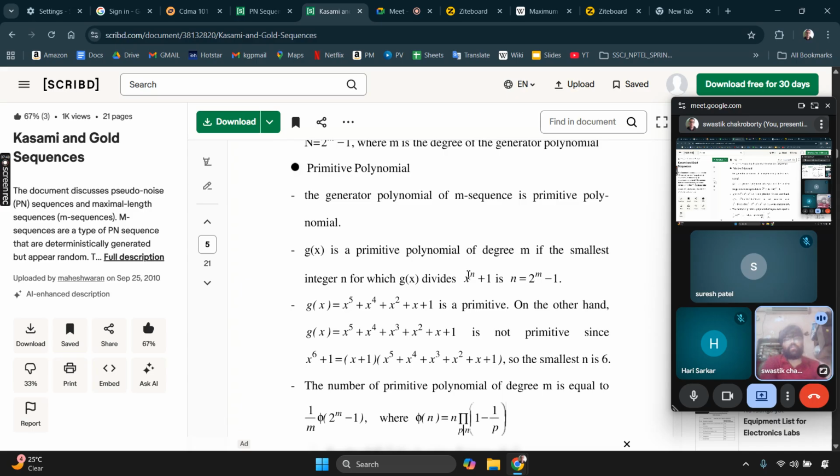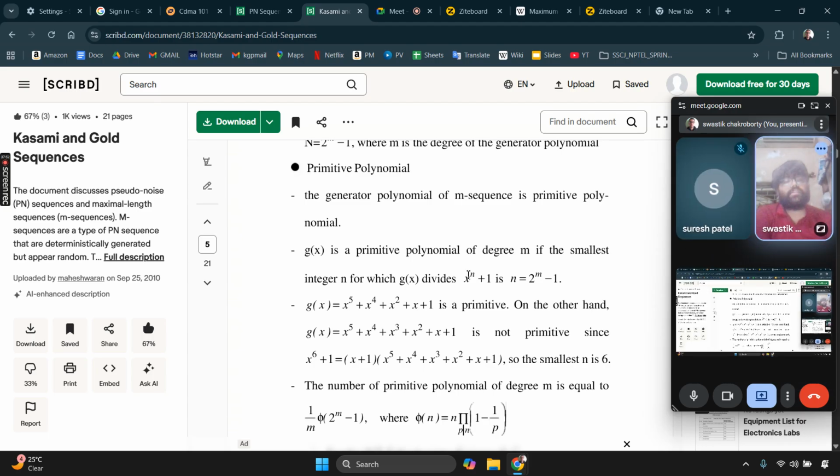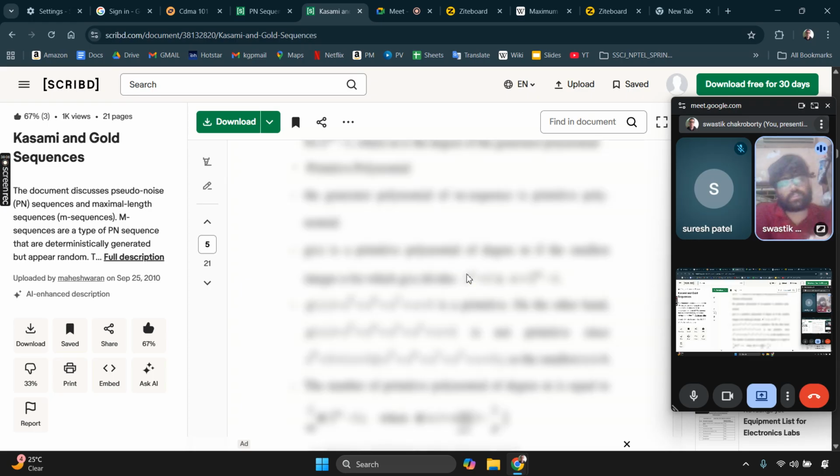So here it is x to the power 5 plus x^4 plus x square. You start from x plus 1, then you go to x square plus 1, and you keep on dividing, first by x plus 1, then by x square plus 1.